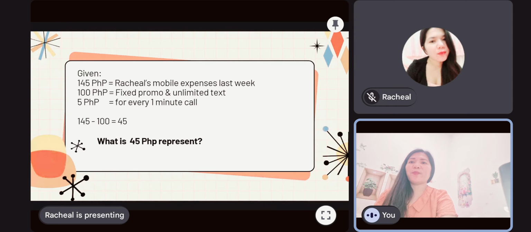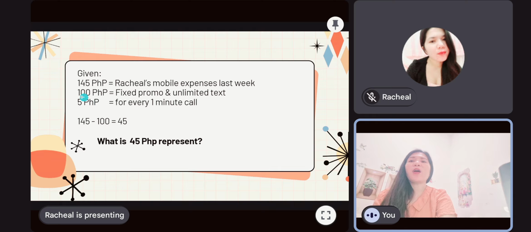Here are the givens. 145 is the expenses that Rachel had made last week. 100 is the fixed promo with unlimited text. And 5 peso for every 1 minute call.